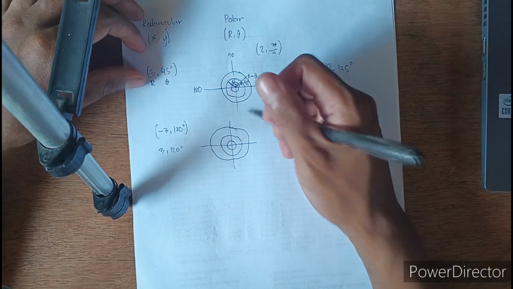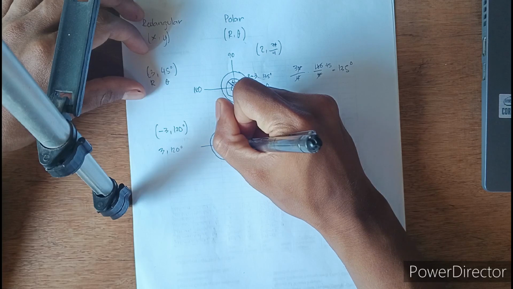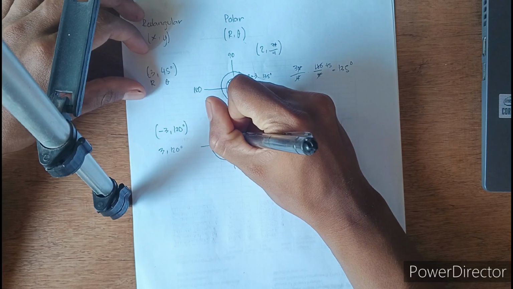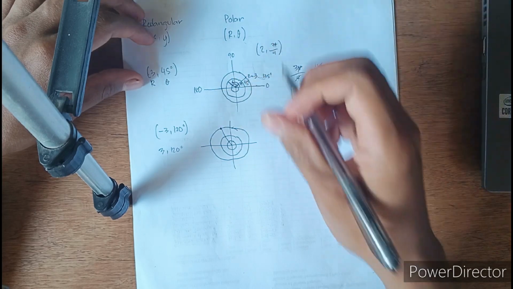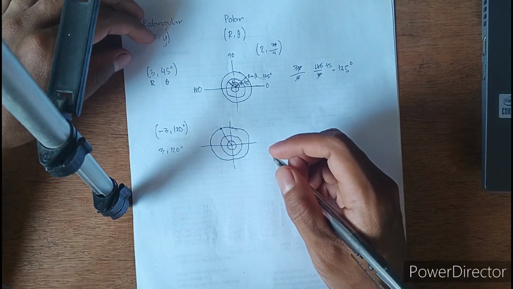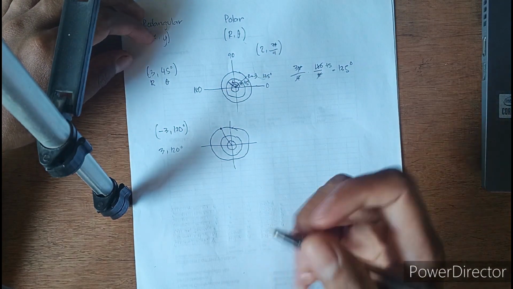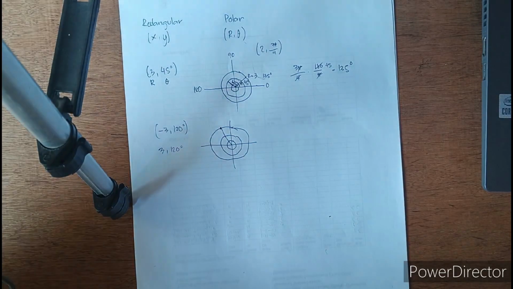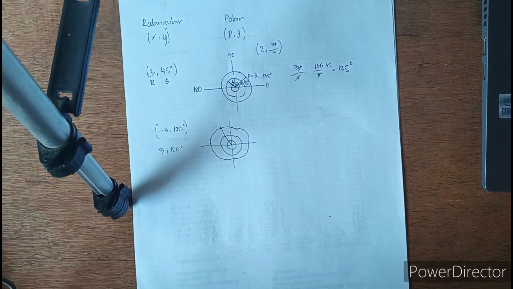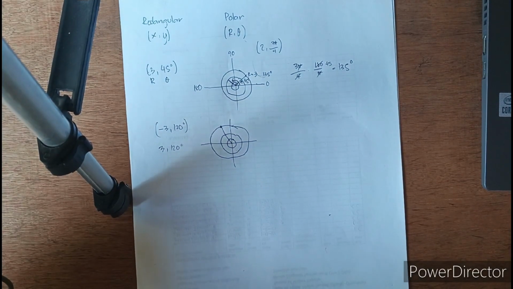It will go from the origin to the third circle, since 120 is just past 90 degrees. So that's going to be in quadrant 2 with a radius of 3.